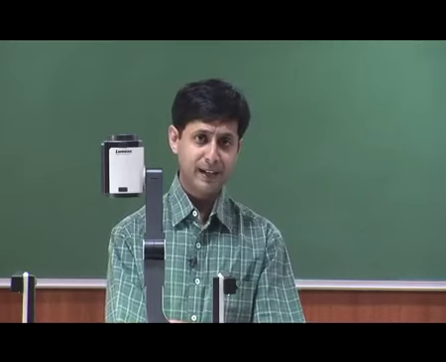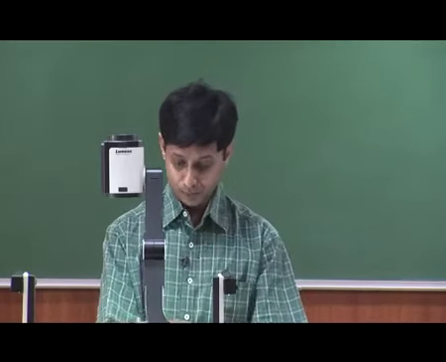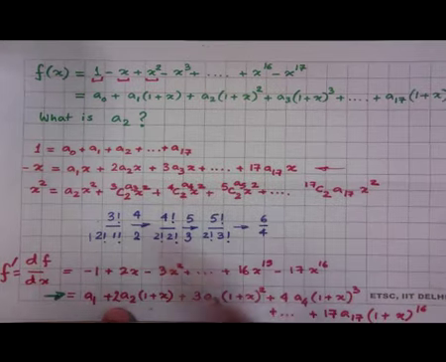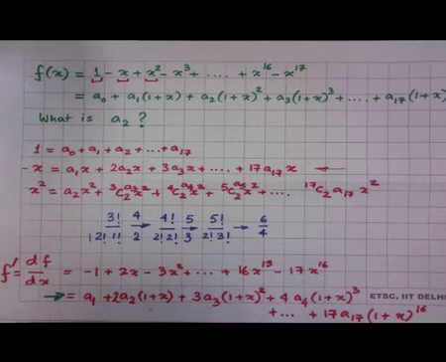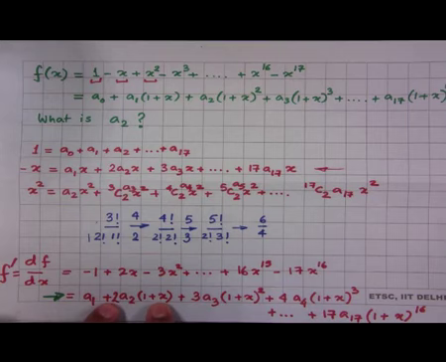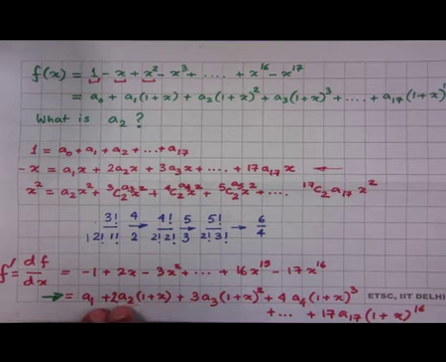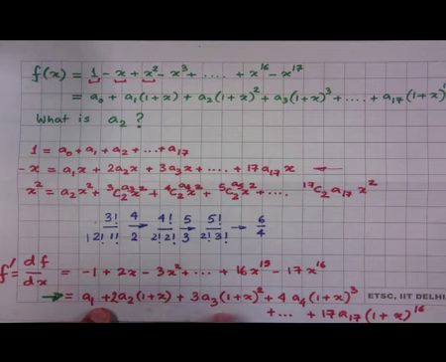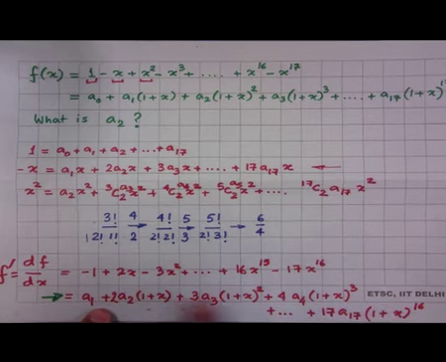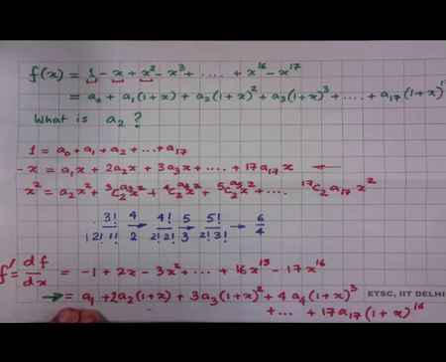Now, if you plug in x equal to 0, you get back the same second relationship that you had. But what happens when you plug in x equal to minus 1? When x equal to minus 1, if you plug that in, the second term becomes 0, third term becomes 0, fourth term becomes 0, 17th term becomes 0, everything becomes 0 except for a1.